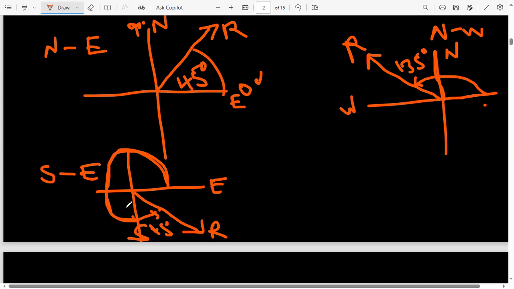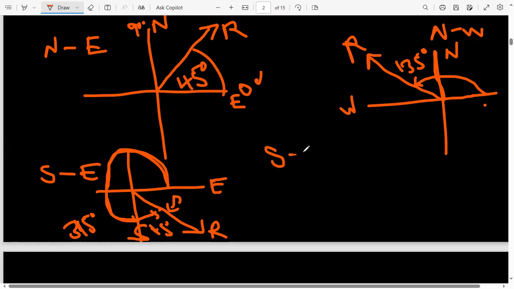So we are adding 270 to 45 degrees. So this will just be 315 degrees. If you want, you can just say 360 minus this 45 that is here. You still find your 315.